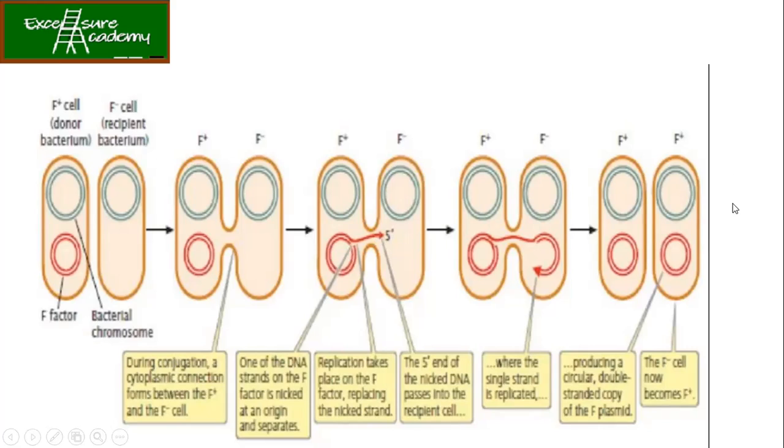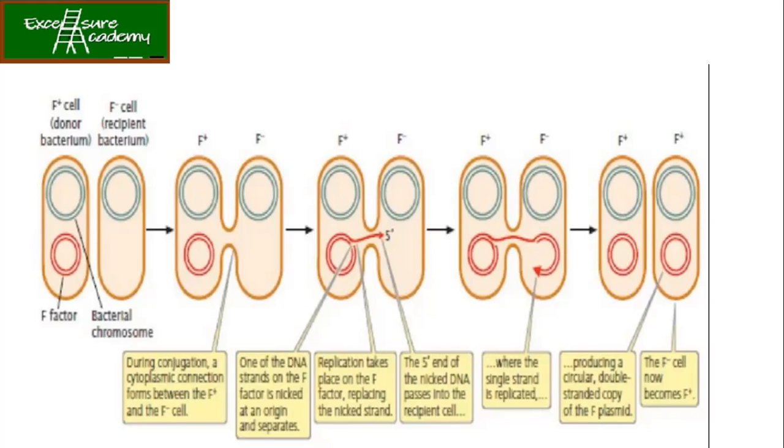Okay. So this is happening only in such cases of rolling circle replication. Otherwise, the normal chromosomal DNA, host का जो chromosomal DNA है, it is going to have the normal आपका replication. Okay. This is only in the case of plasmid DNA or the F plus, F minus case में. Is this much clear? The rolling circle DNA?